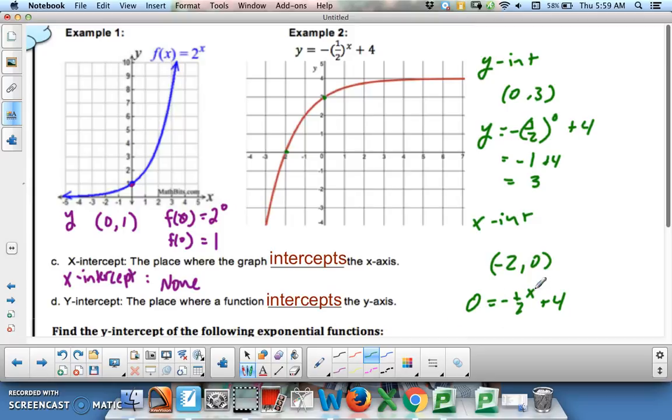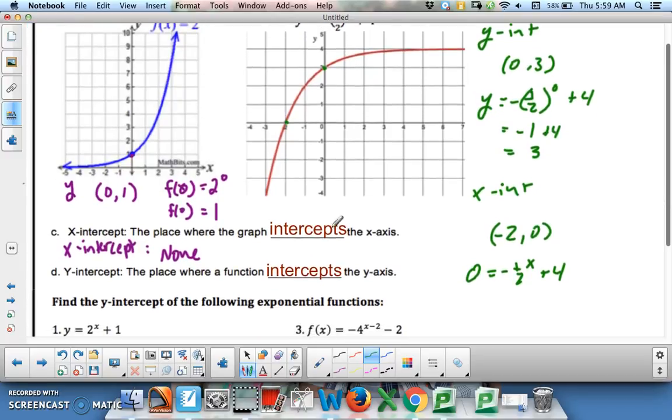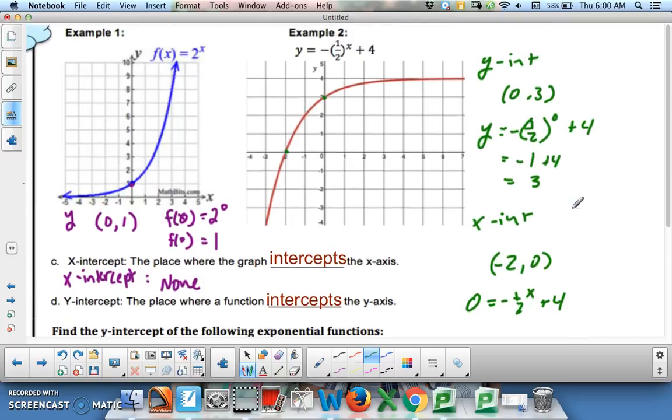We don't yet know how to solve for an x that's inside of that exponent, so don't worry about trying to do that algebraically. You're always going to be able to find it graphically, okay? Even if we ask you to find the x-intercept, it's either going to be a super simple problem, which we'll teach you how to do later in the unit, or it's going to be a situation where you have the graph and you can look, or you can use Desmos to pull up the graph and look at it, okay?